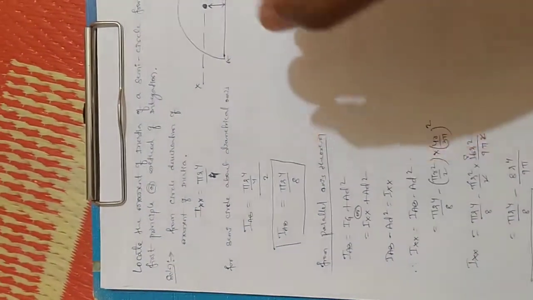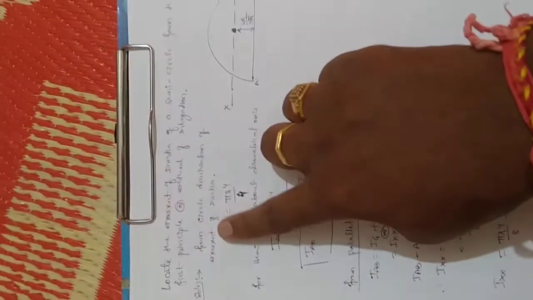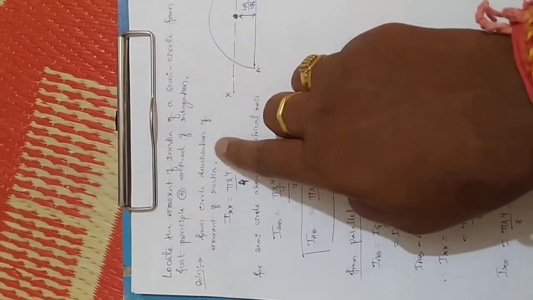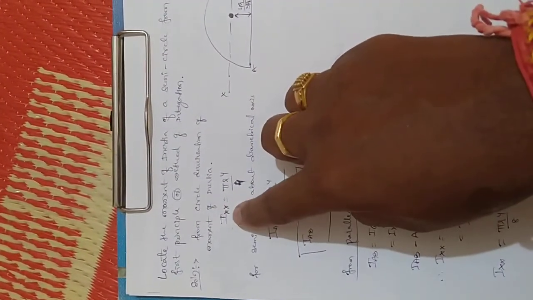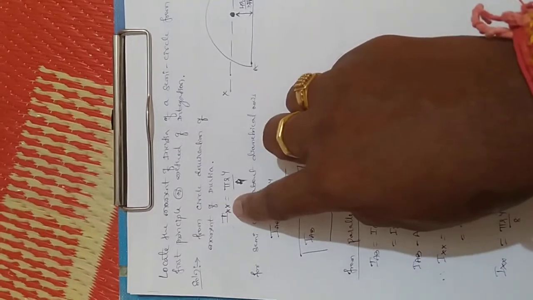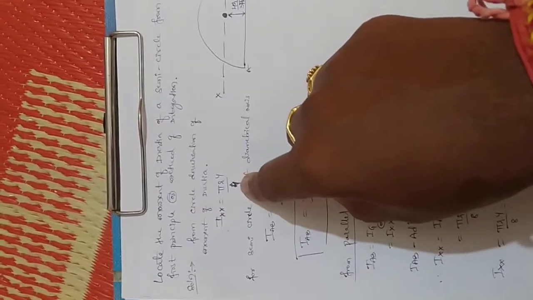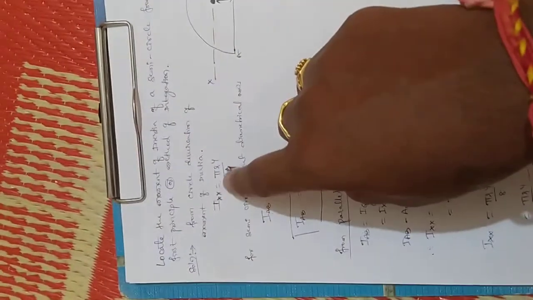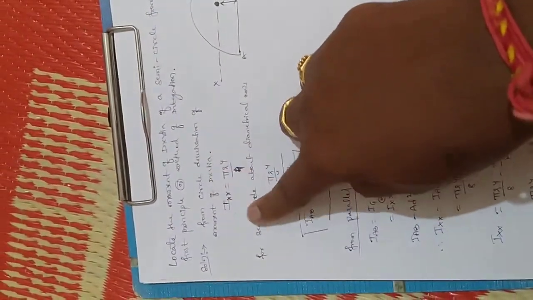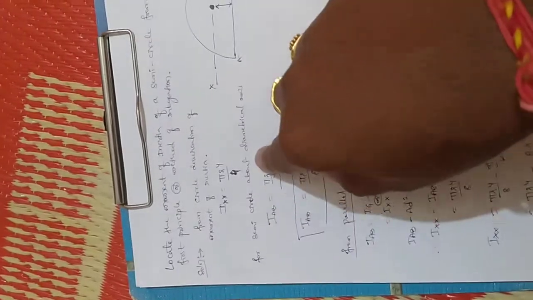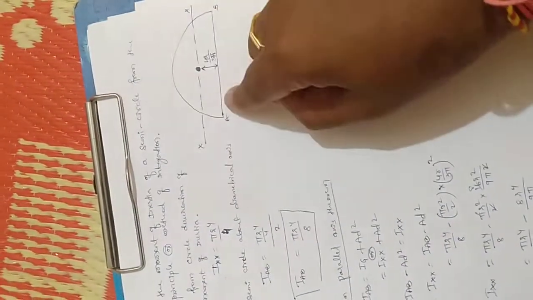Now what I have done is I have made use of the moment of inertia of a circle about the x-axis, the diametrical axis, which is pi r raised to 4 by 4. This we know. If I want to write the moment of inertia for a semicircle about the diametrical axis, I'm talking about the base.